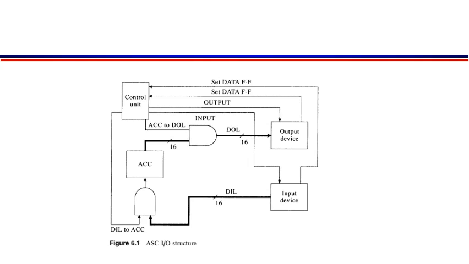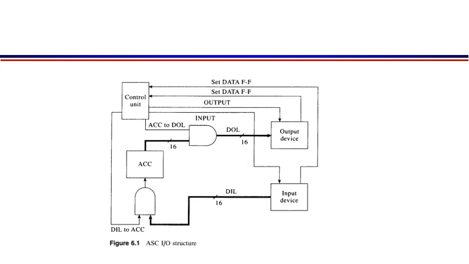If there is input instruction, then the control signals which will be used for the input instruction will be input signal, DIL to accumulator signal, and set data flip-flop signals. So these three control signals will be responsible for the input instruction.